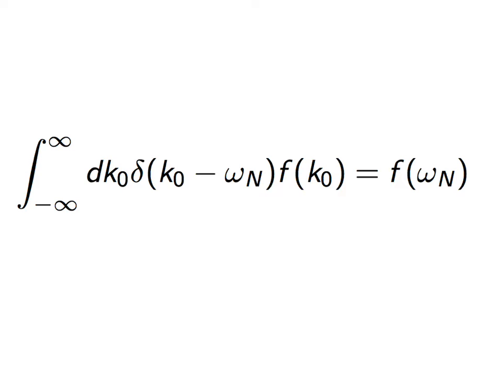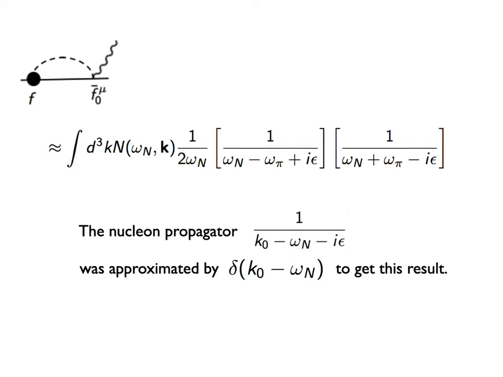Trivial, in fact, because according to this, all we have to do is to replace all instances of k0 with omega n, and the approximated version of the integral I wrote up a few slides ago is this. With the k0 integral out of the way, doing the remaining integrals numerically becomes much more feasible.